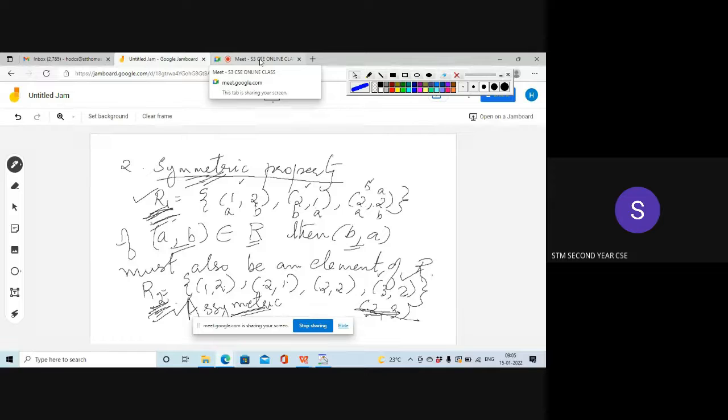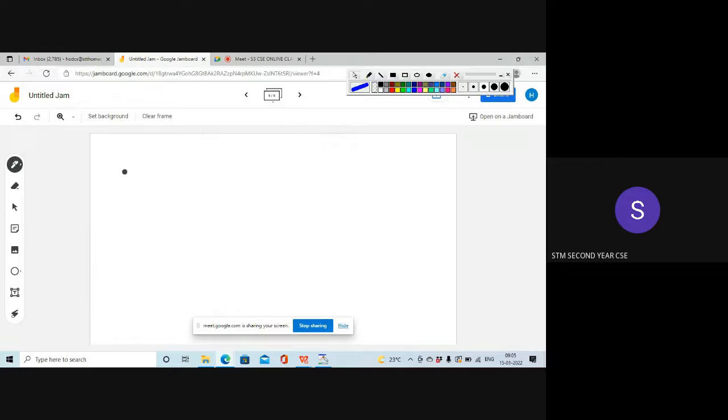So next we are going on to the next type of relation, and that is the anti-symmetric relation. Third property.